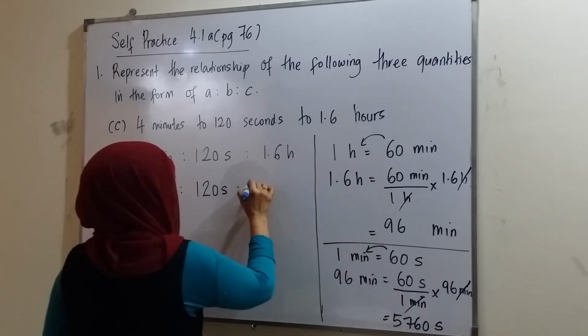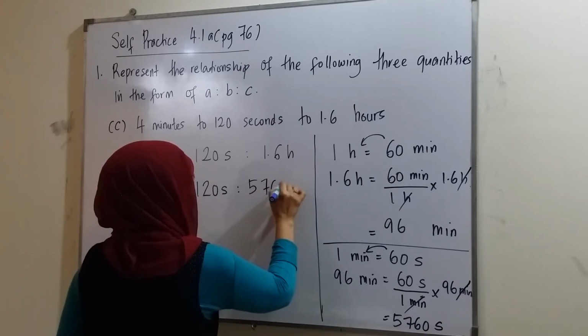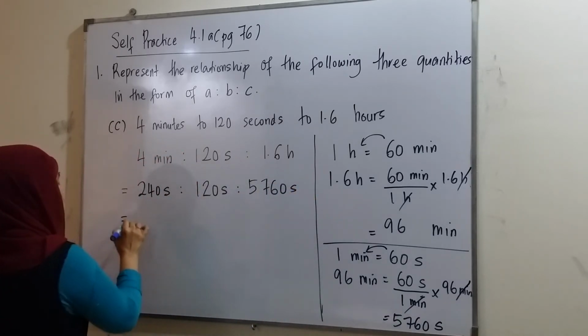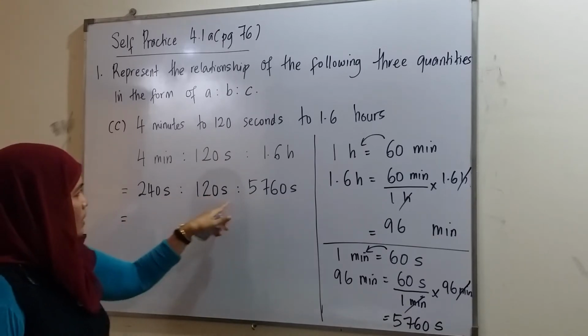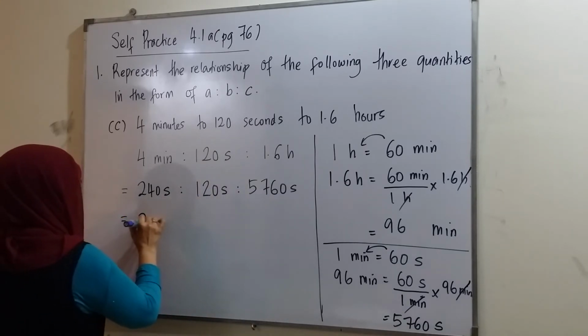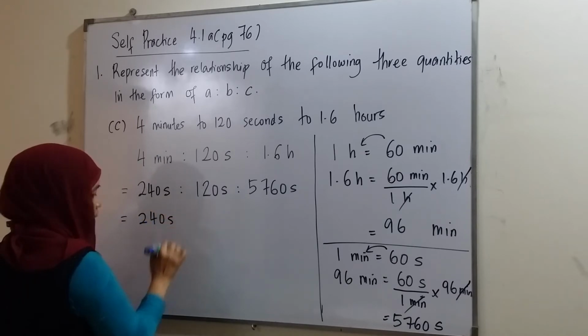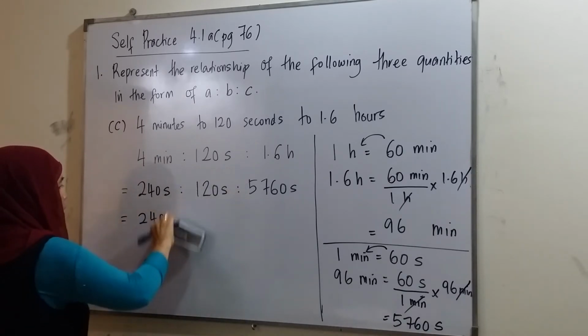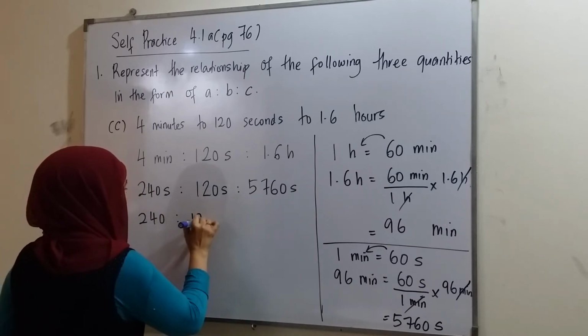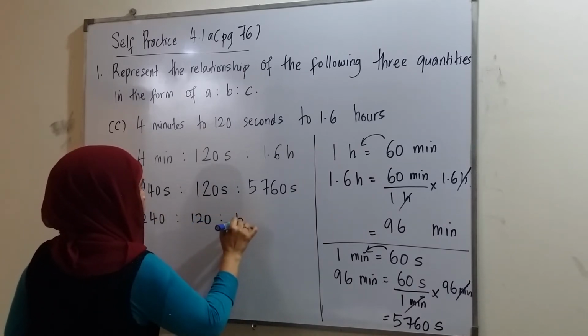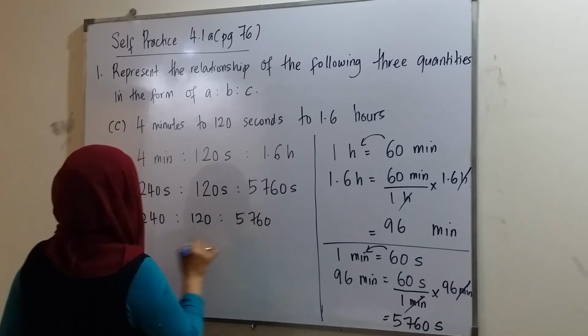So we can write here 5,760 second. Now we take out the unit because the unit second is all the same. We write 240 ratio 120 ratio 5,760.